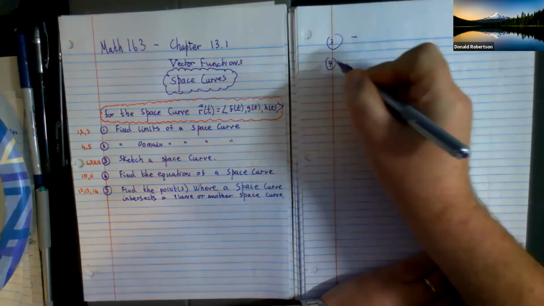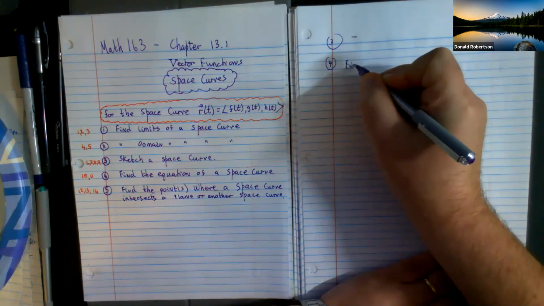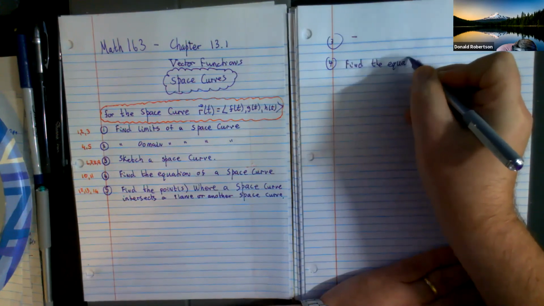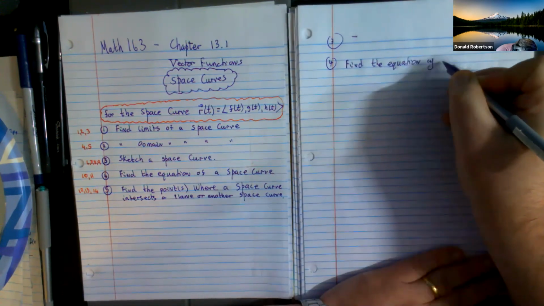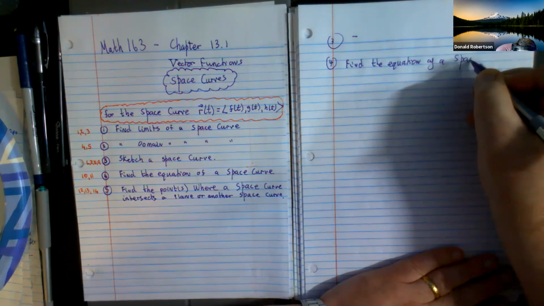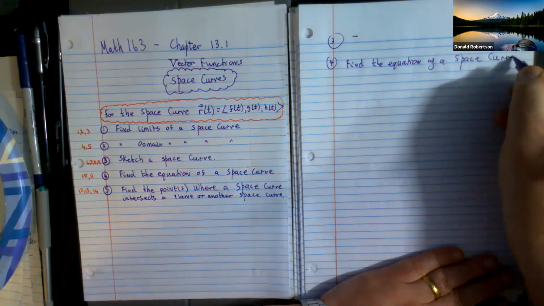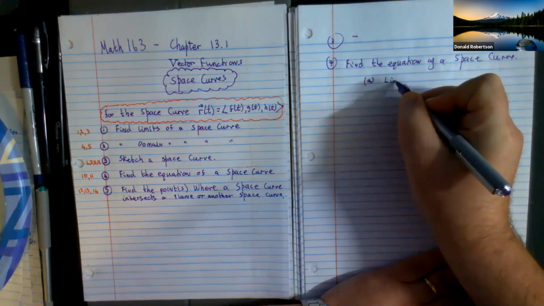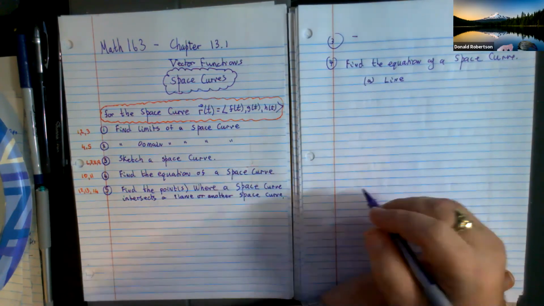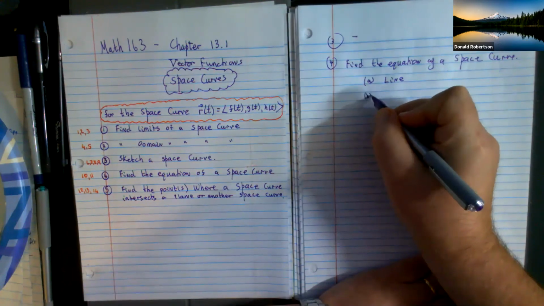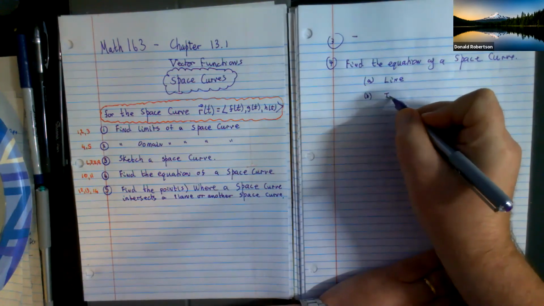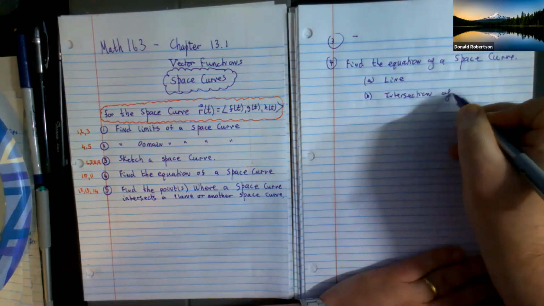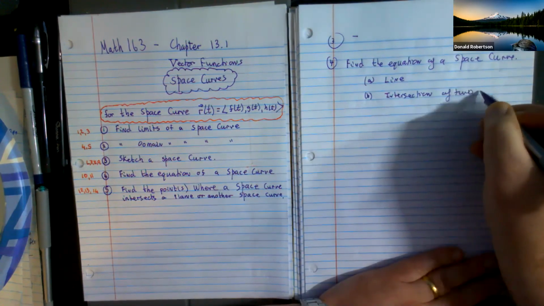Right, our next one. How do you find the equation of a space curve? And there are 2 versions of this. You're going to be asked to do it when it's a line, and then you're going to be asked to do it when it's the intersection of 2 surfaces.